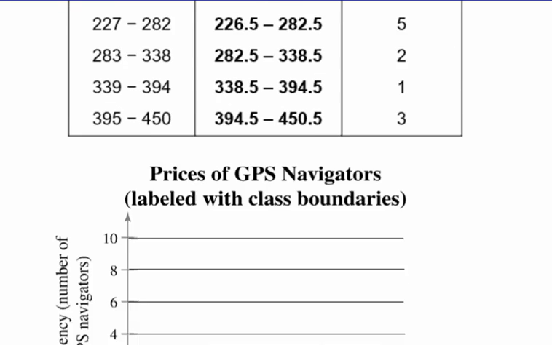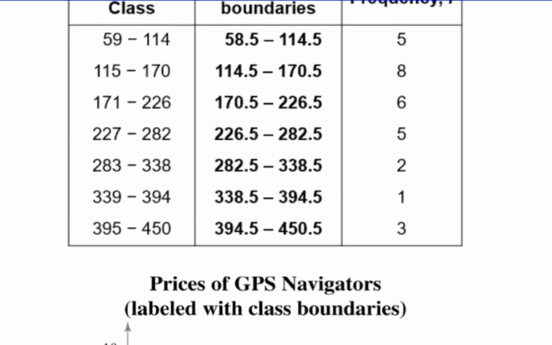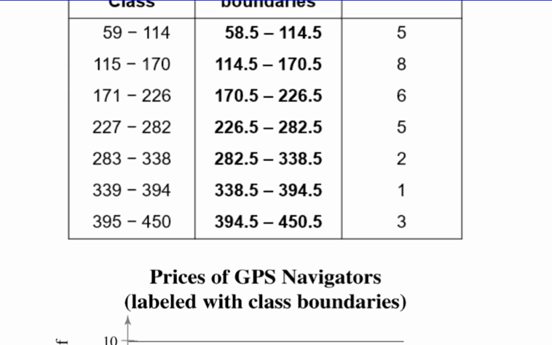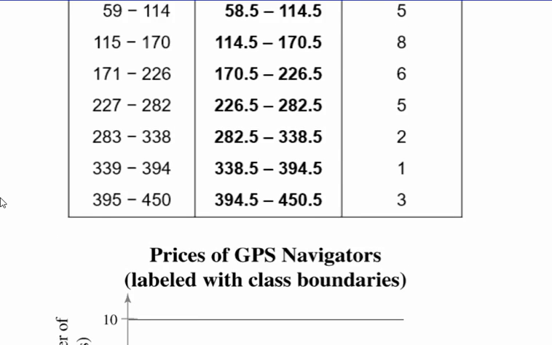Now I can graph it. I'm going to plot my frequency histogram. The first one is between 58.5 and 114.5, and I need 5. So I go up here, and I'm going to have 5 that occurred in there. Then for the next level, I had 8.